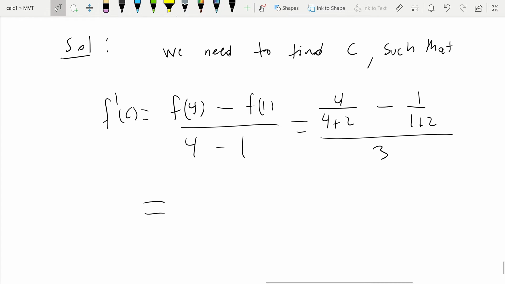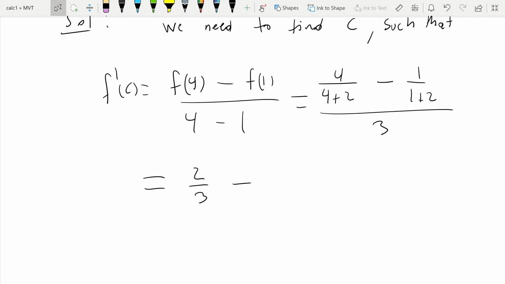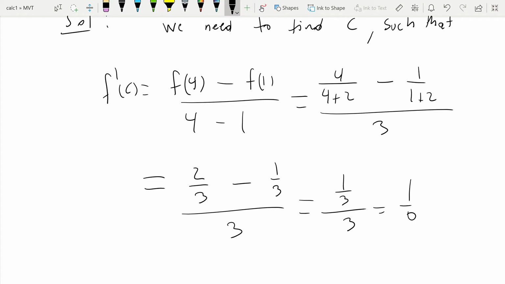The first quotient is 4 over 6, which is equal to 2/3. The second expression is 1/3. All of that is divided by 3. So we get 1/3 over 3, which is the same as 1/9.